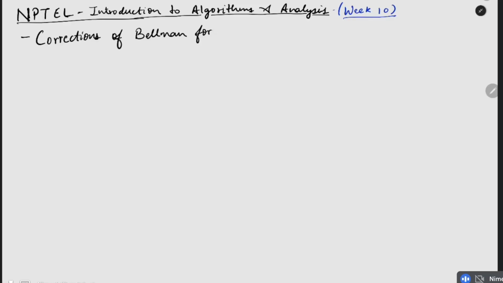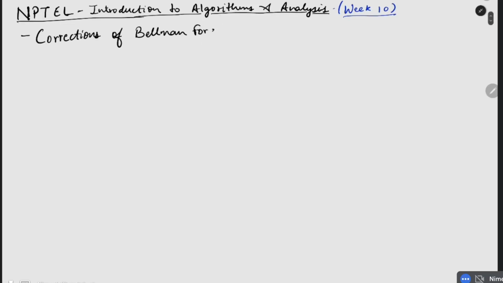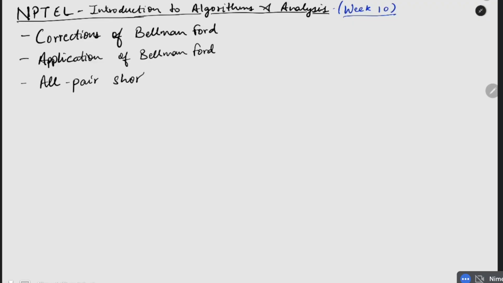Correctness of Bellman-Ford algorithm, application of Bellman-Ford, then discussion on all pair shortest path algorithms or the problem statement of it.